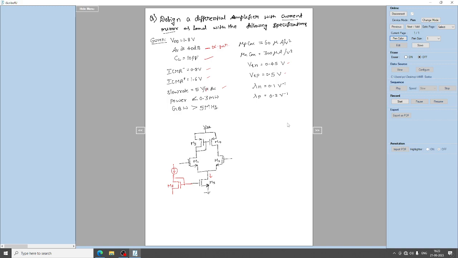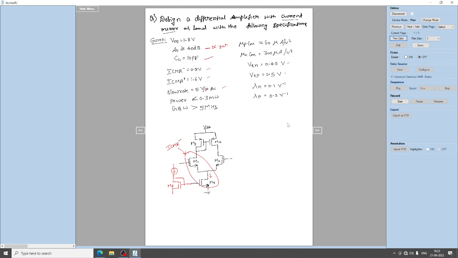To find the aspect ratio of these transistors, note that this is a symmetric circuit, which we have already discussed. This means M1 is exactly the mirror of M2 and M3 is exactly the mirror of M4. Now to find the aspect ratio of M1 and M5, we make use of ICMR minimum.